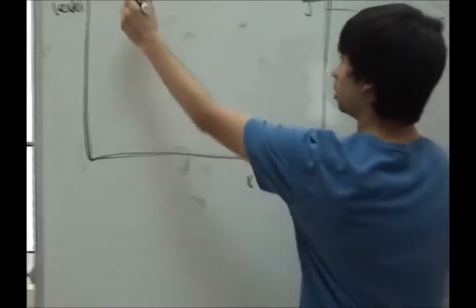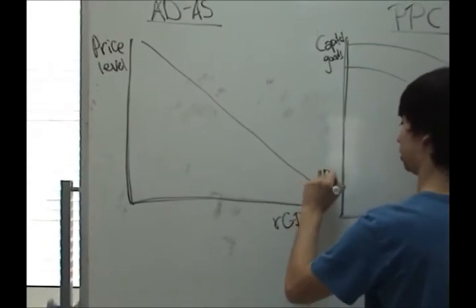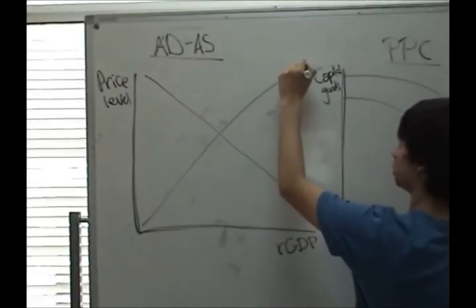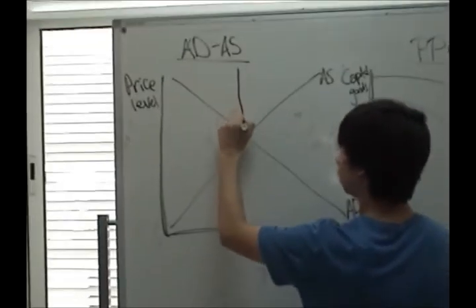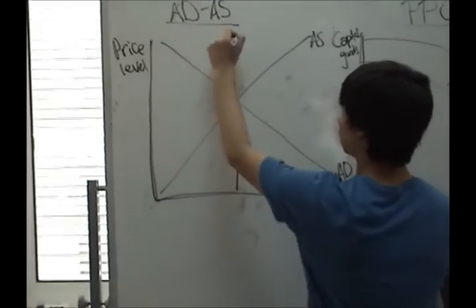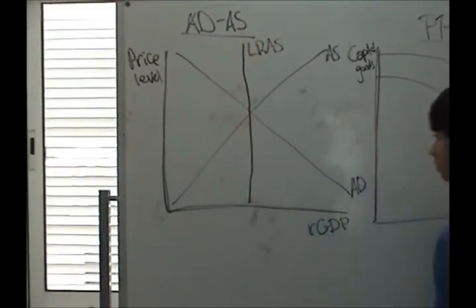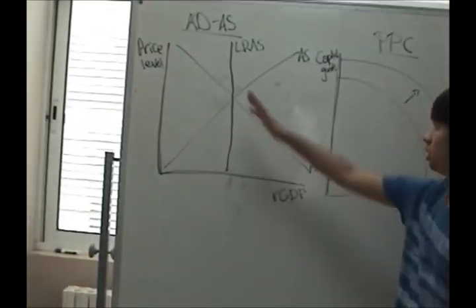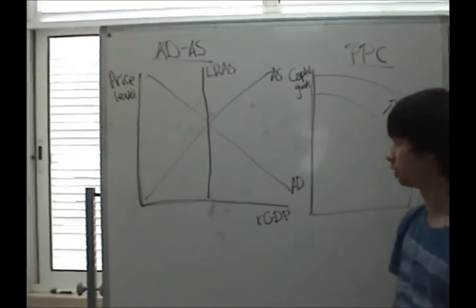So the AD curve slopes downwards, and the AS curve slopes upwards. And then the long run aggregate supply is a vertical one. And to show economic growth, we have to have a rightward shift of the LRAS curve.